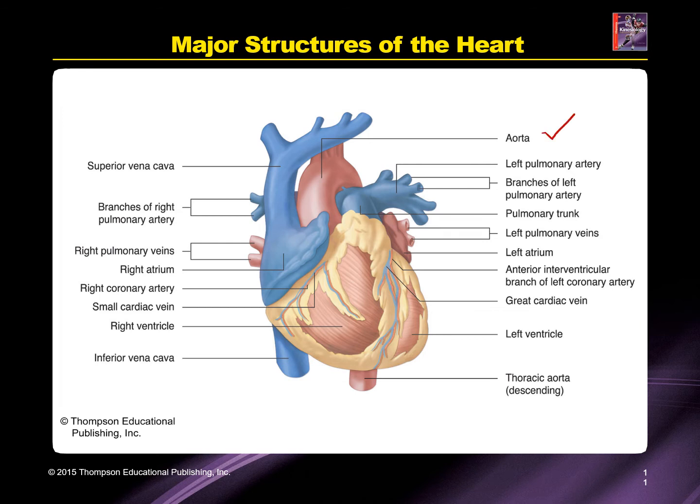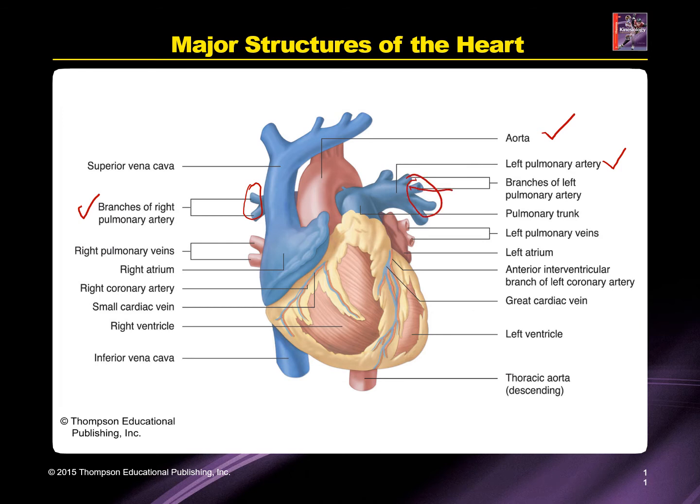There are 2 lungs in your body, which means there are 2 pulmonary arteries. There's the left one, and then there is the right pulmonary artery. You can see just here is the right pulmonary artery, and this one right here is the left pulmonary artery.